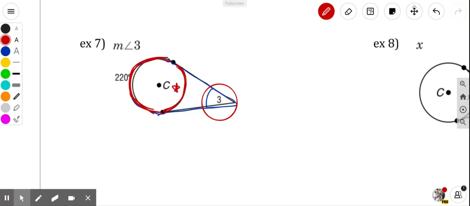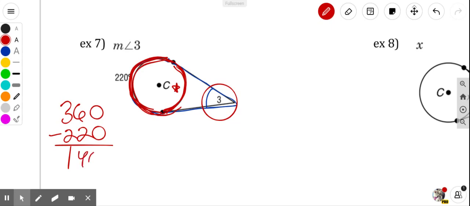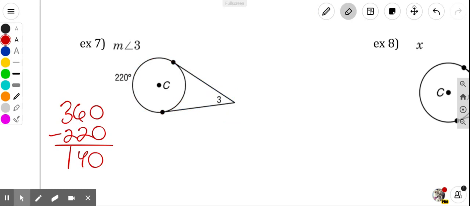Now remember when I was going over the theorem, I said, notice that these two arcs together create a full circle. So we can find this one by doing 360 minus 220, which would be 140. So that would mean that this one here is 140.